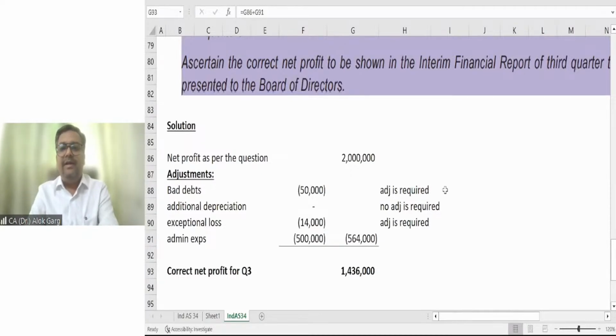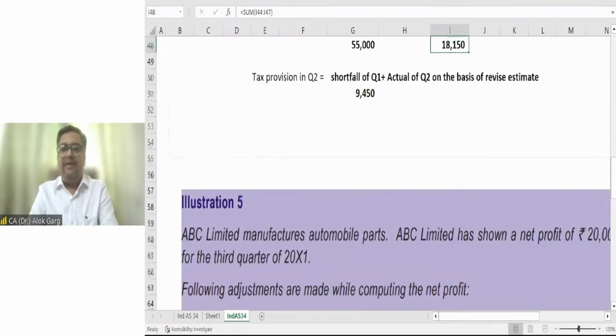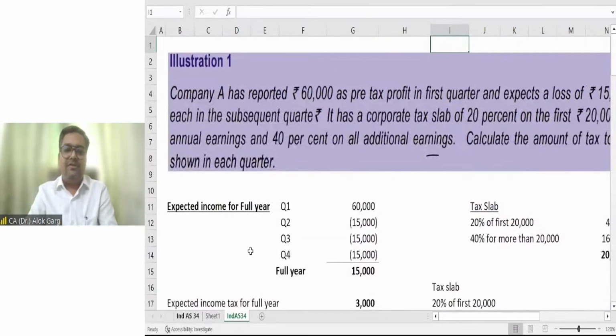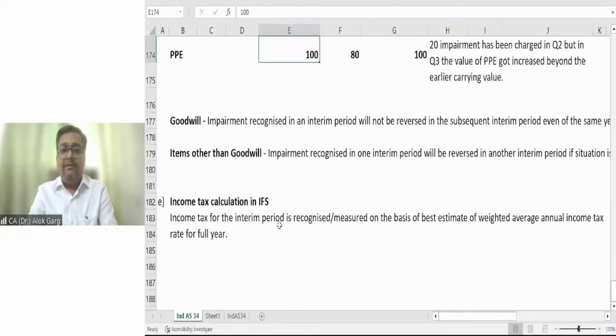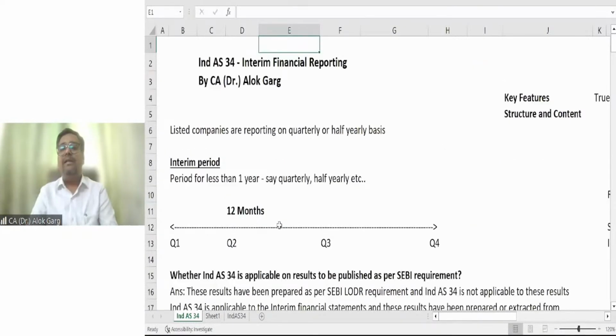Friends, we started with Ind AS 34, and the title of this standard is Interim Financial Reporting, right? And we have discussed that normally this standard is applicable to listed companies. Why? Because as per the SEBI regulations, listed companies are required to publish their results on a quarterly basis, right? And what is the interim period?